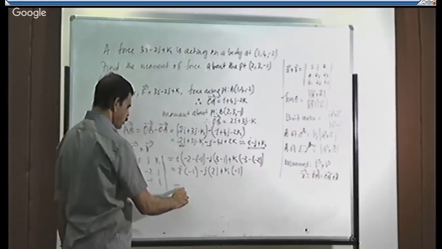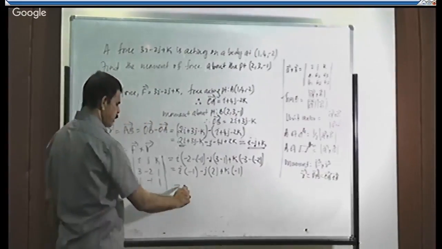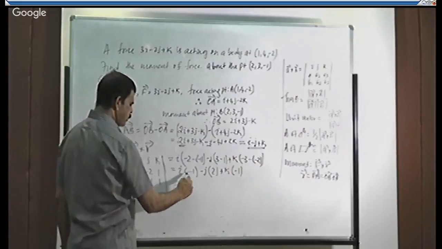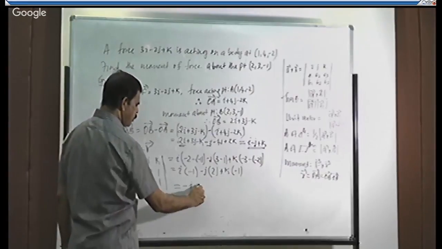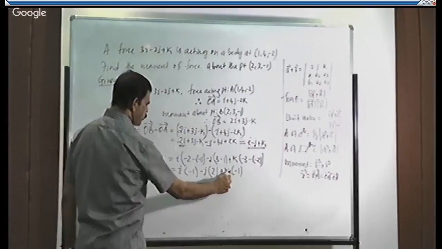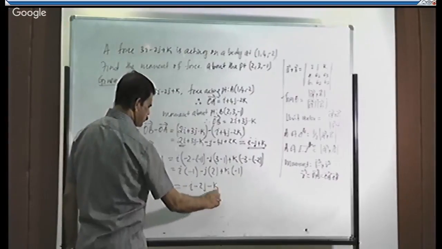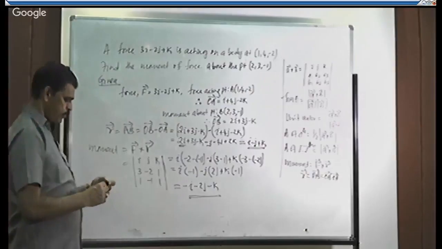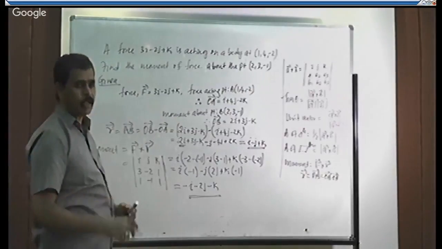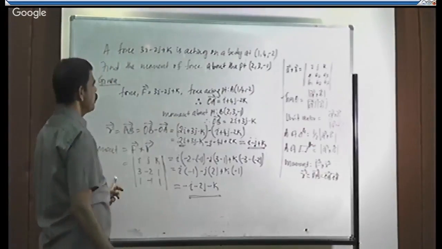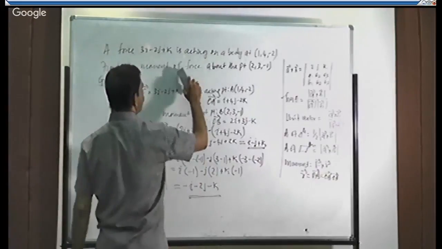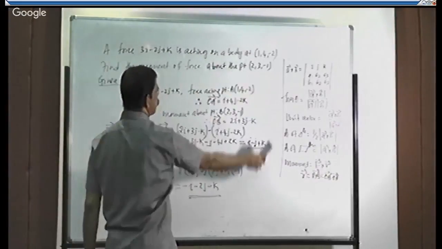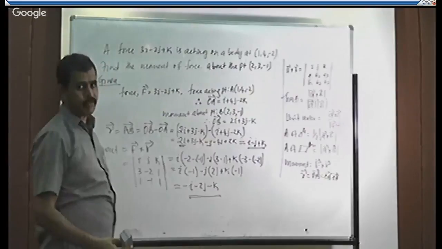Finally, the moment of force is equal to minus i, minus 2j, minus k. This is the moment of force when it is acting on a body at a certain point, and we need to find the moment about the point 2, minus 3, minus 1.